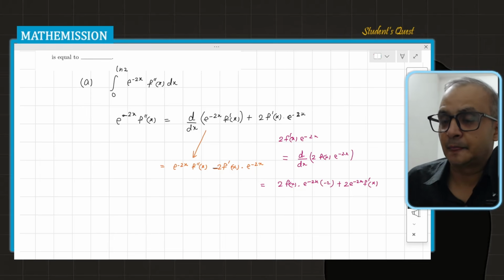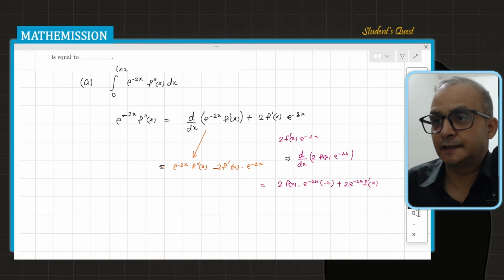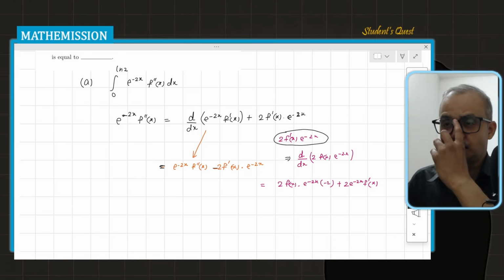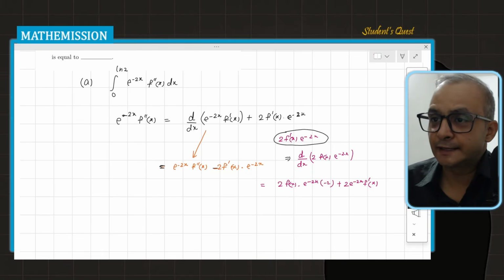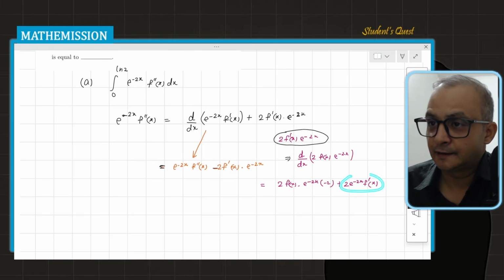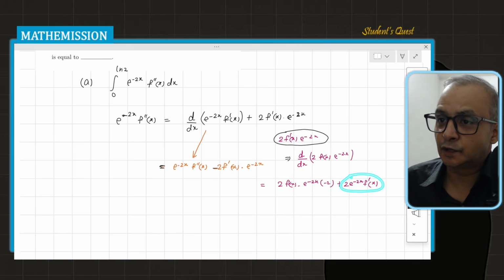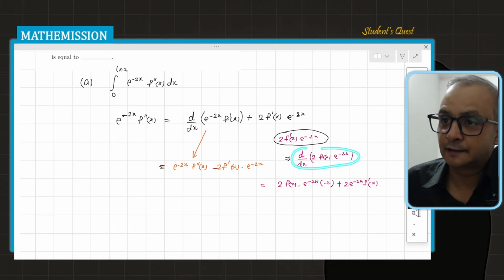Now notice this thing, since I have to find out this part, so basically what I did, it is equal, we have differentiated it. I'm just connecting this part with this part. So I need this part, so I got this thing here. So this thing is going to be this plus this, isn't it?